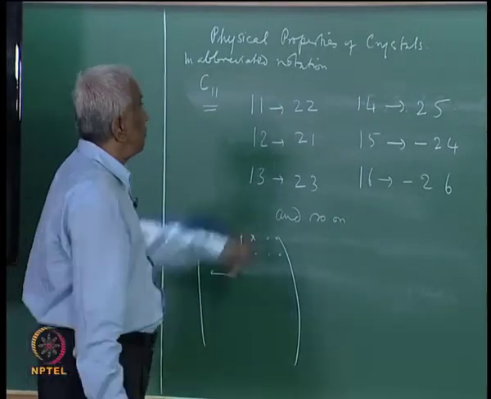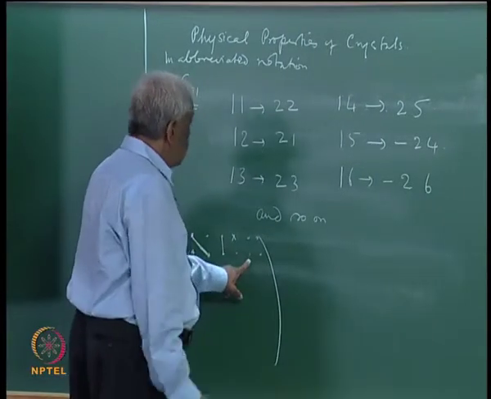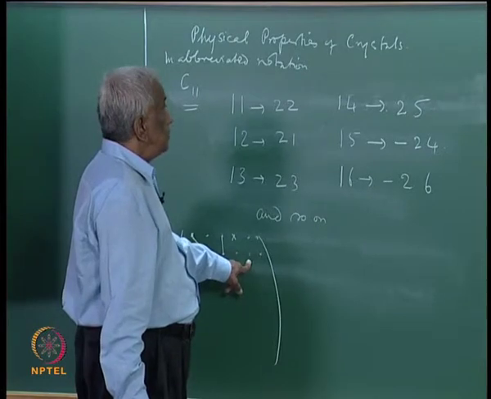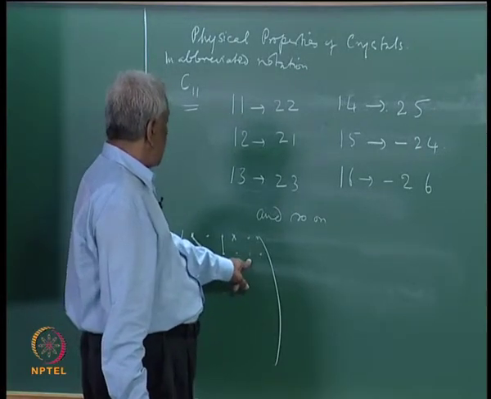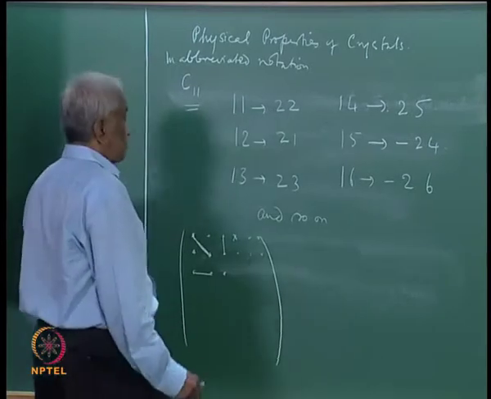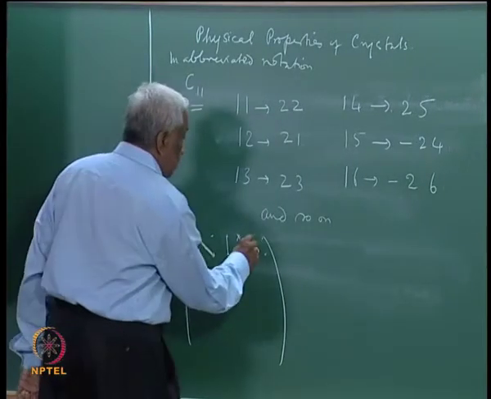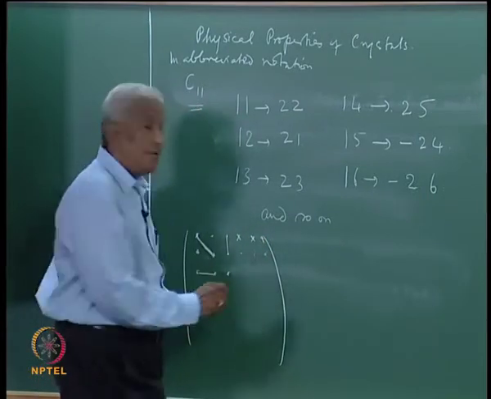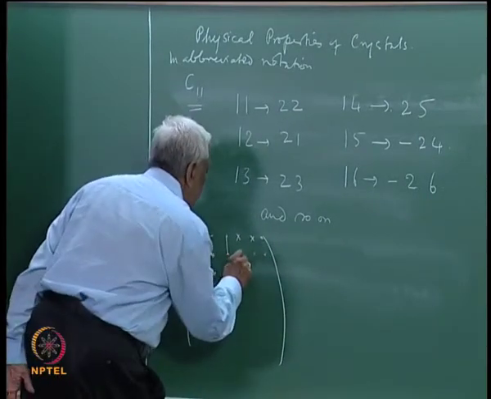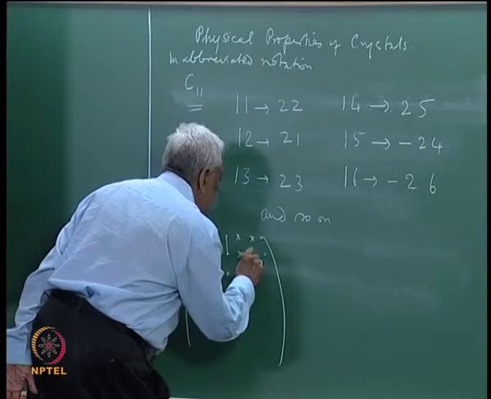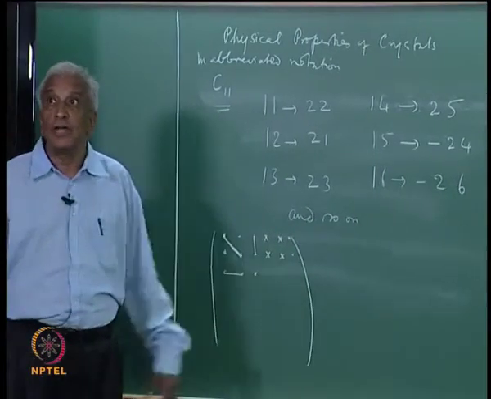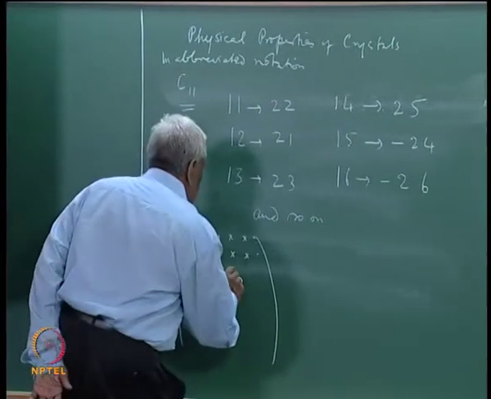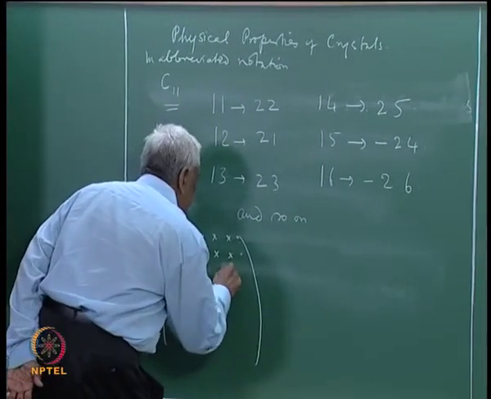For example, C14 becomes C25, but C25, for example, if we work, it will become minus C14. So, it can be the negative of itself only by vanishing. So, these are components which will vanish. By a cross, I mean the vanishing components. So, these are all vanishing.